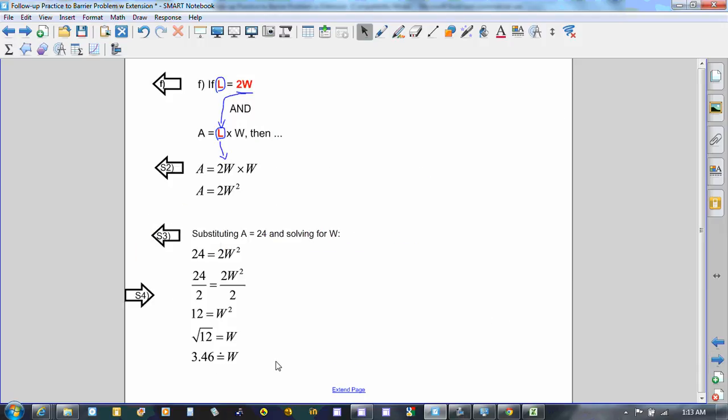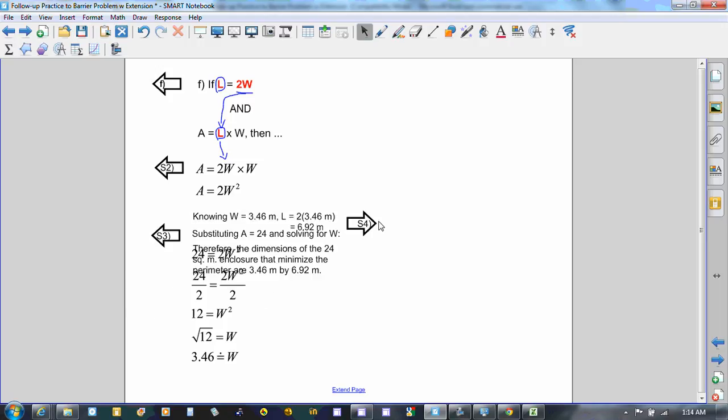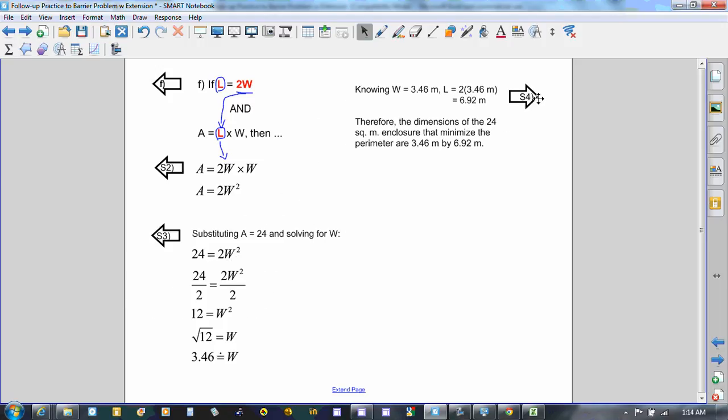Finally, with that dimension being known, we can finish the calculations because we know that the length is double the width. So doubling 3.46, we have 6.92. So the dimensions that produce the minimum perimeter, given a fixed area of 24 square meters, are 3.46 meters by 6.92 meters.